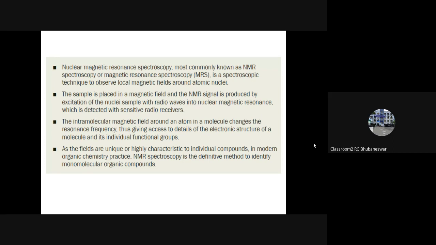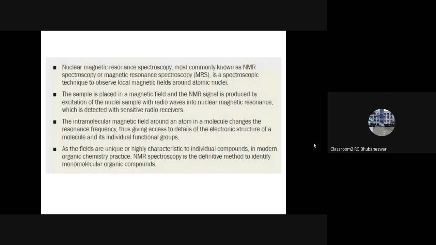In all the spectroscopies we have studied till now, there was radiation from the source, then the sample compartment, then the monochromator, then the detector and output device.